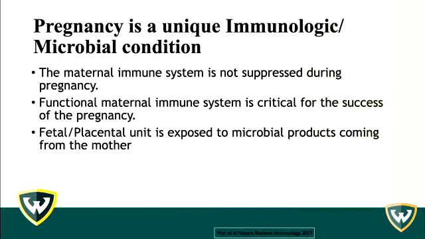So pregnancy is a unique immunological microbial condition. The maternal immune system is not suppressed during pregnancy. The maternal immune cells are critical for success of the pregnancy, and the fetal placental unit is continuously exposed to microbial products coming from the maternal site.